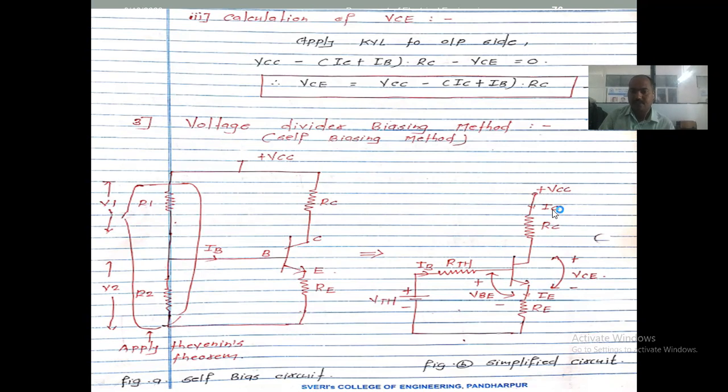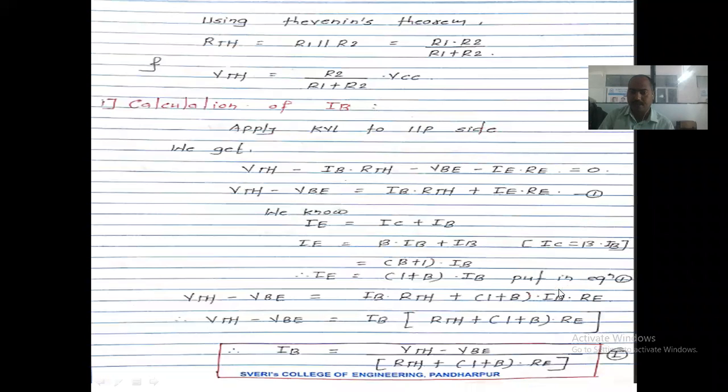So plus VCC minus IC into RC minus VC minus IE into RE. I'm telling you again, when calculating the VC, we apply the KVL at the output side. So plus VCC minus IC into RC minus VC minus IE into RE.